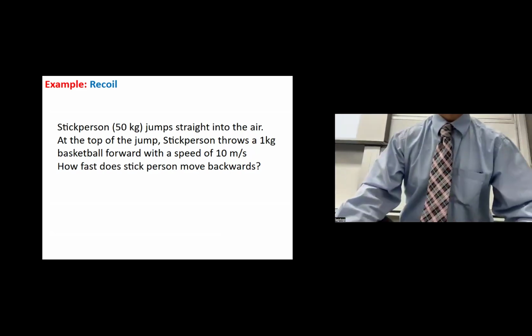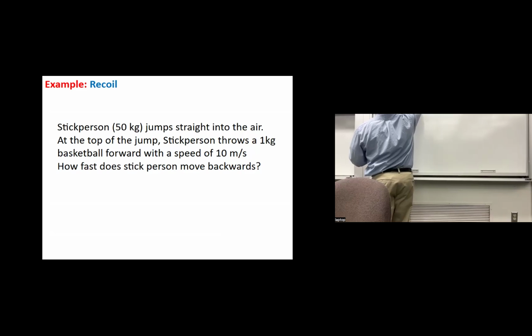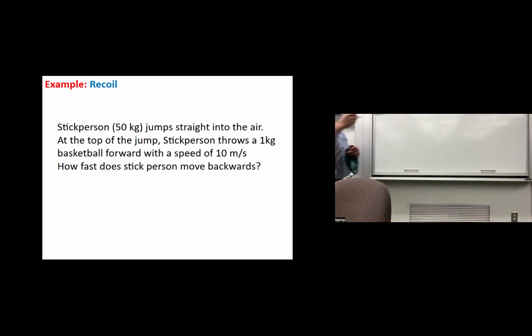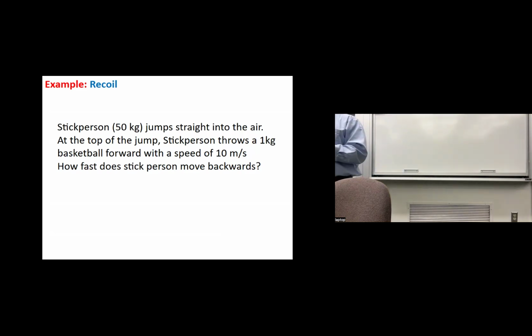Now, when someone jumps straight up into the air, at their point of highest jump, what is their velocity in the y? 0. And if you jump straight up, what is your velocity in the x? 0. Now, if you're holding a ball, what is the velocity of the ball? 0.